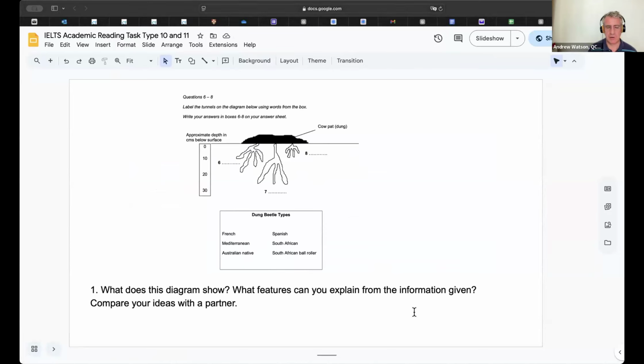What does it show? What features can you explain from the information given?